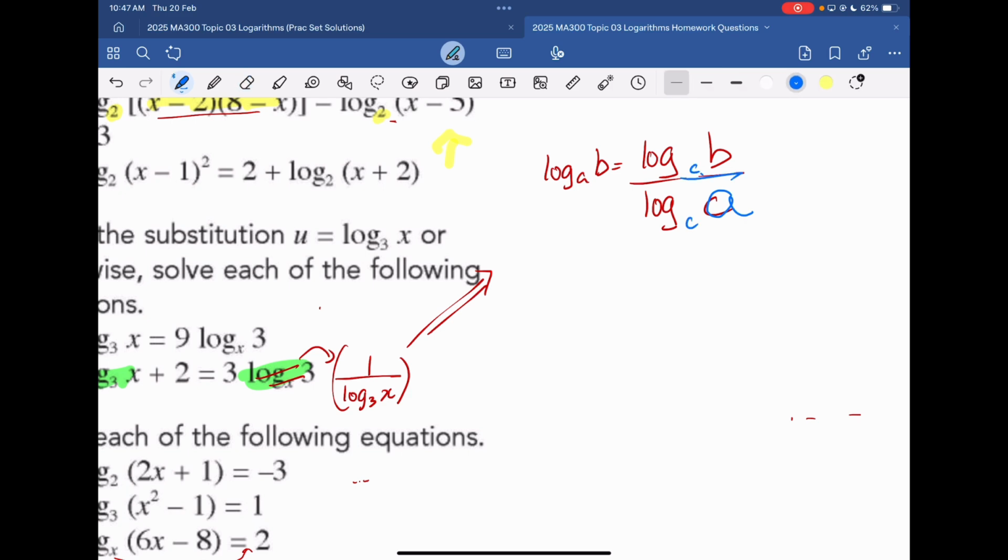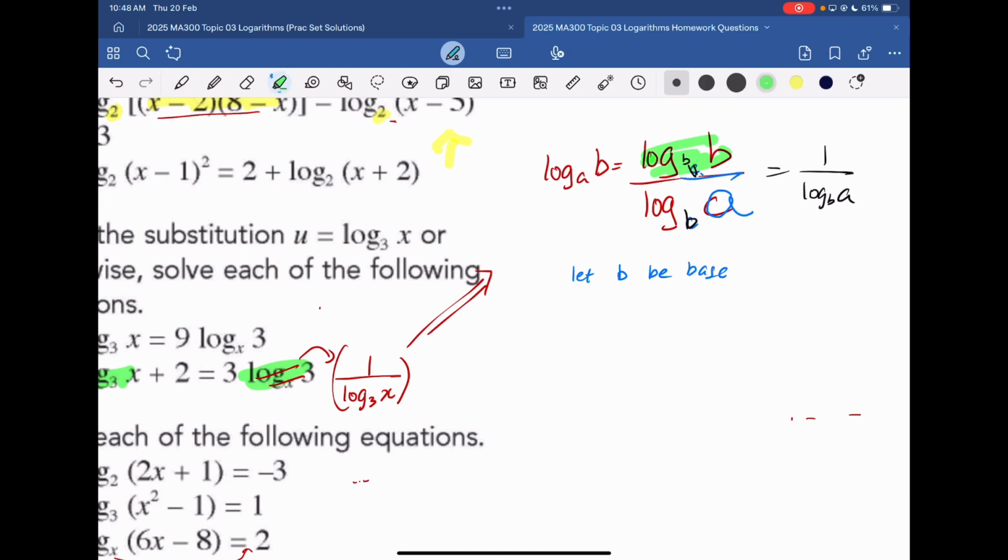So today I change to a new base. I want to let B be the base. Can or not? I call this B, I call this B. Now you see the top part. What is log base B of B? 1. So it's the same as 1 over log base B of A.